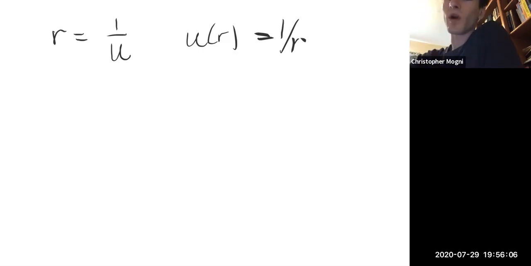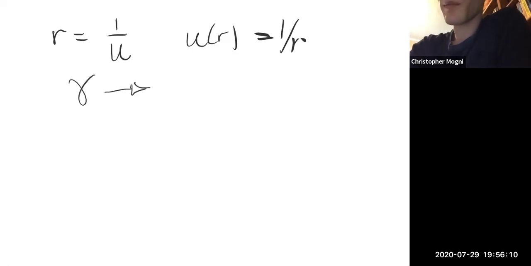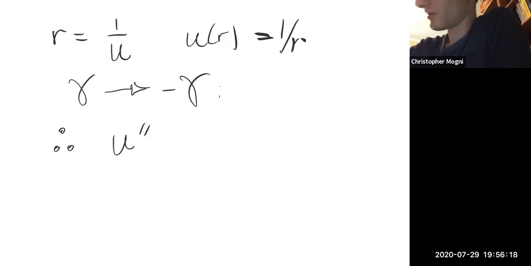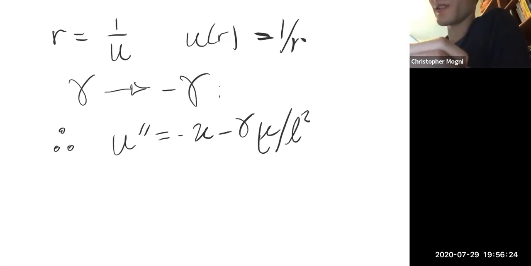Like I said before, the main thing that we are doing is taking gamma to minus gamma wherever we can, and that makes solving the radial equation easier. In terms of u, the radial equation becomes this. Here, mu is the reduced mass, and L is the angular momentum of the system.